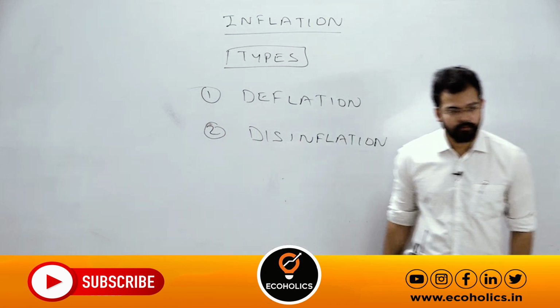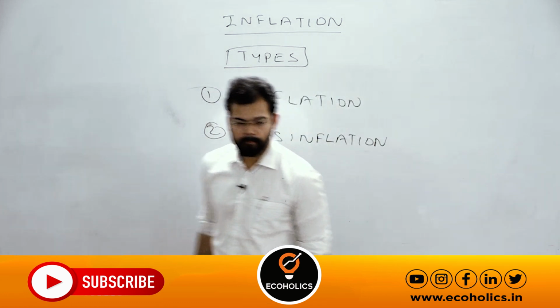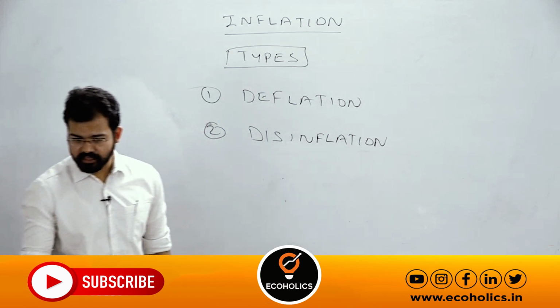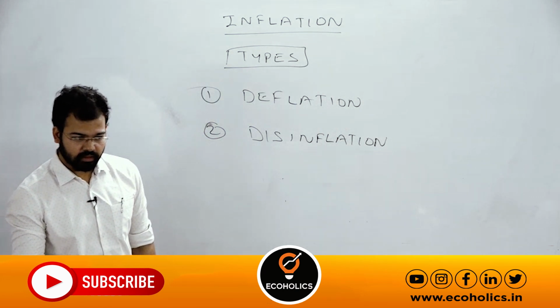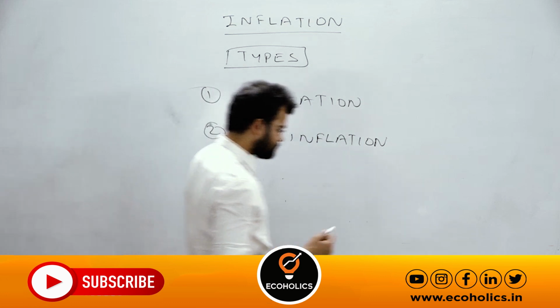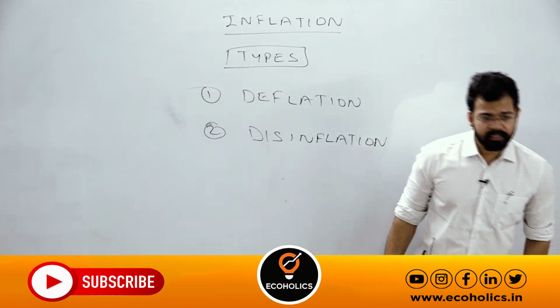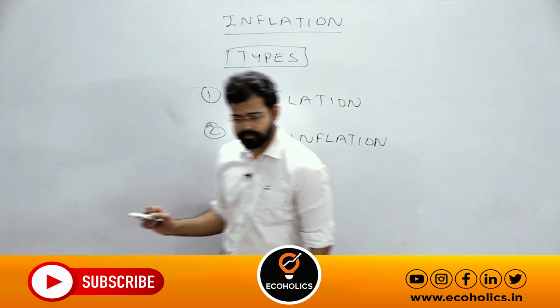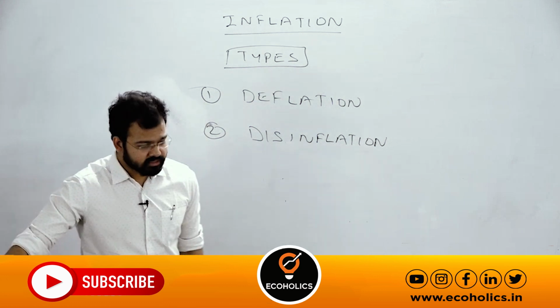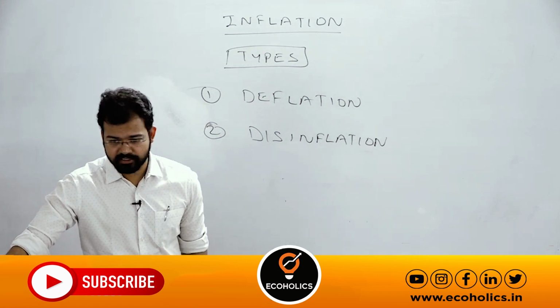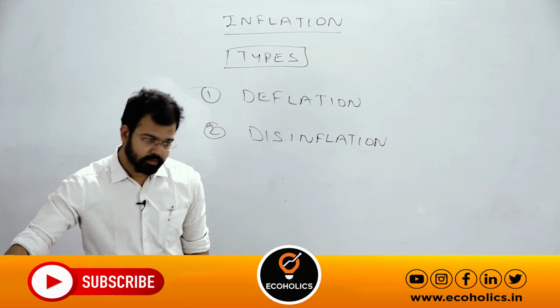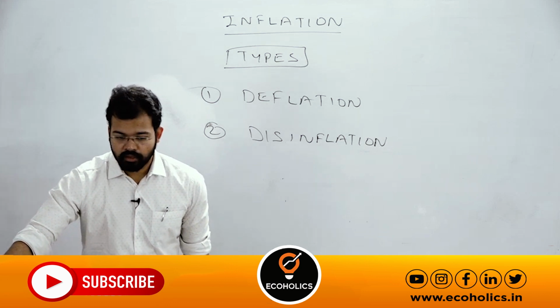Done? Persistent decrease in the general average price level. It means if you experience falling in the price level, then there is a situation of deflation. Now you write one more line.